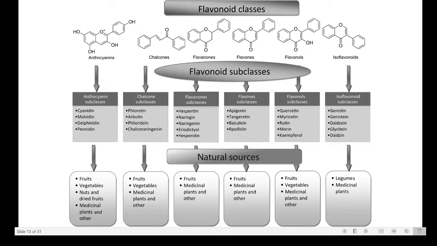Okay, flavonoid categories. I am mentioning here the phytochemical subclass names with the phytochemical names. You can see anthocyanin has cyanidin, malvidin, delphinidin, and the chalcone subclass has arbutin. The flavanone subclass has naringin, which has highly expressed anti-cancer activity.